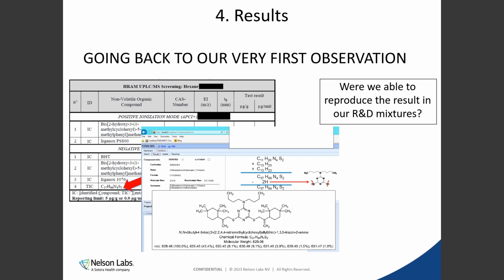Now we were looking for proof that we can reproduce that compound or that peak and the mass that belongs to it with the R&D mixtures, meaning it is not an accidental coincidence, so that we can confirm our initial idea why we started that project.